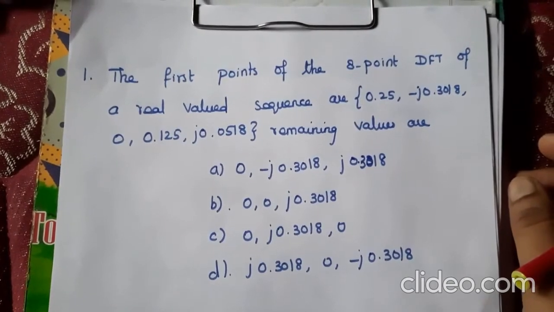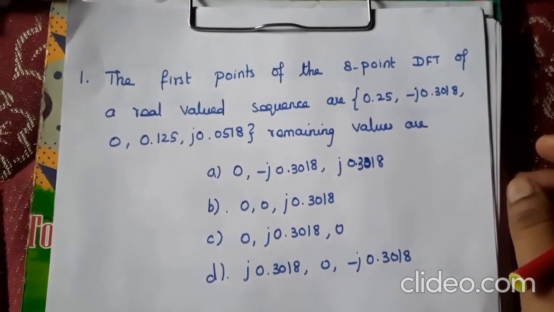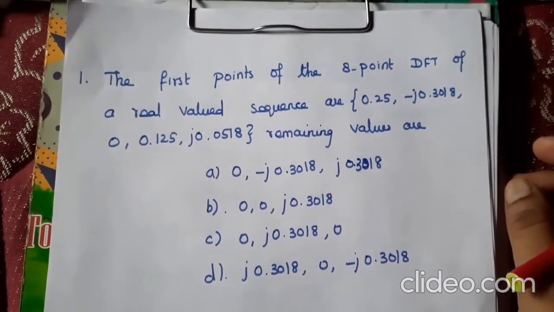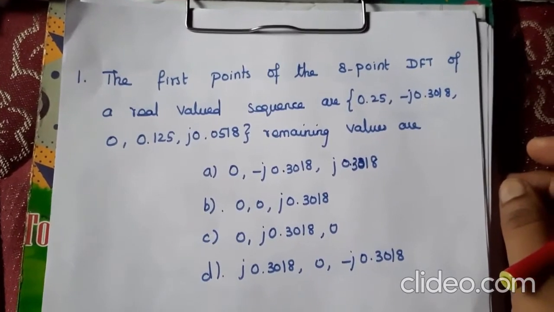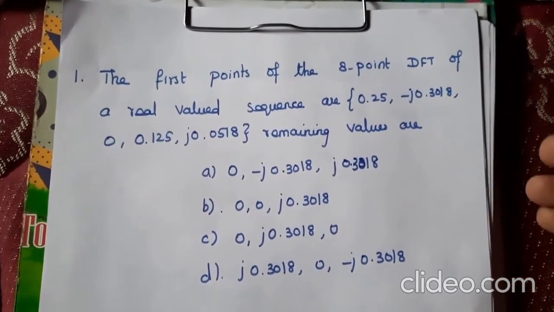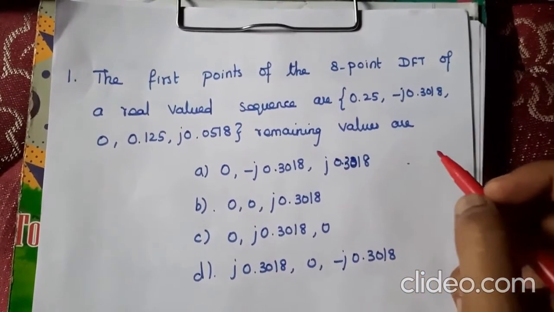First question: the first five points of the 8-point DFT of a real-valued sequence are 0.25, minus j 0.3018, 0, 0.125, j 0.0518. Remaining values are?